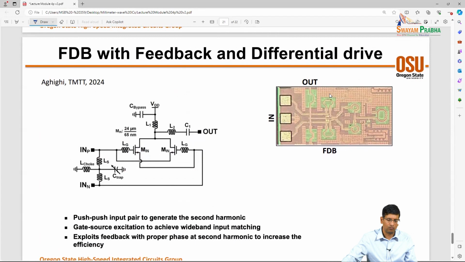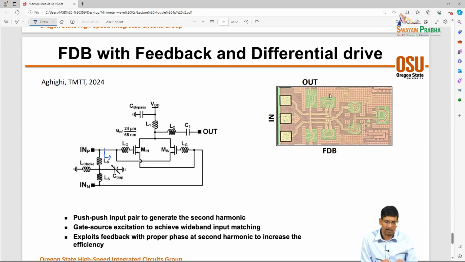There is also work now where, similar to what we were discussing in terms of PAs, we drive both the gate and the source with the F0 signal in these push-pull pairs. The idea here is that because you're driving the source, you are seeing a 1 over gm impedance effectively looking in from here. So this becomes a low Q load. So as a result, you can get very wideband input match.